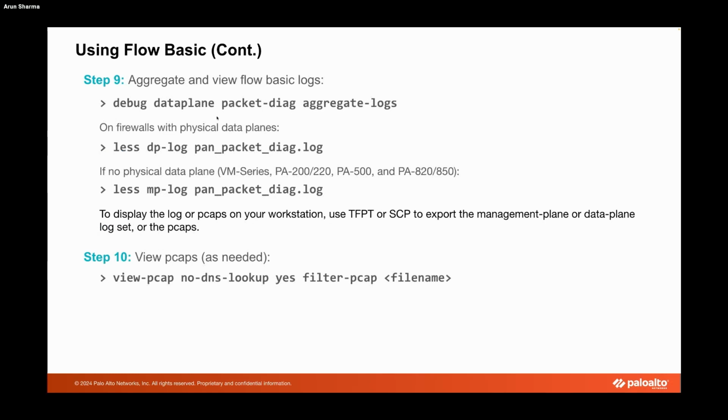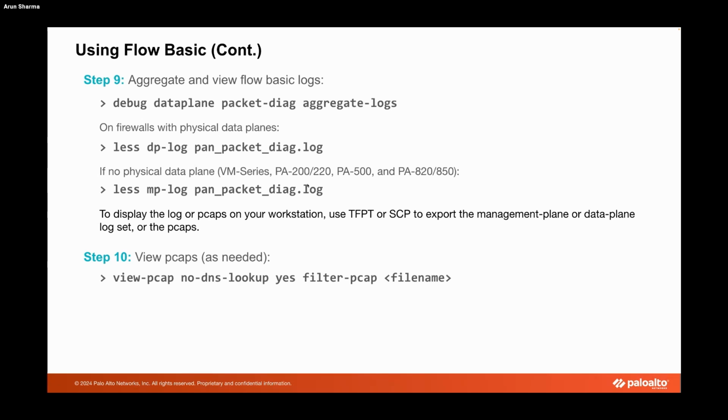Okay, once the flow basic logs are done, you have reproduced the issue, everything has traversed through the firewall, you have to run this command to aggregate the logs, and to verify, you can run this command: less dp-log pan_packet_diag.log. It depends on the platform.